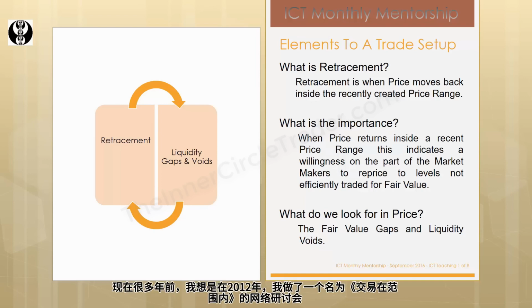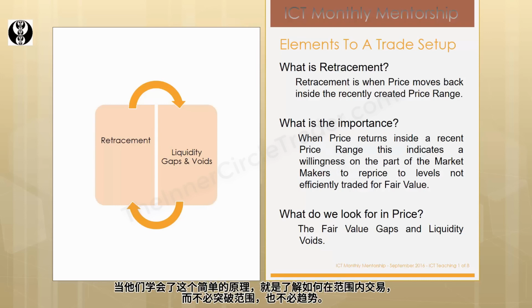Now, years ago, I think it was in 2012, I did a webinar called Trading Inside the Range, and a lot of folks that were following me on one of the forums that is pretty popular on the internet, they went head over heels when they learned this simple principle of understanding how you can trade inside of a range, and it doesn't even have to break out, it doesn't have to trend.